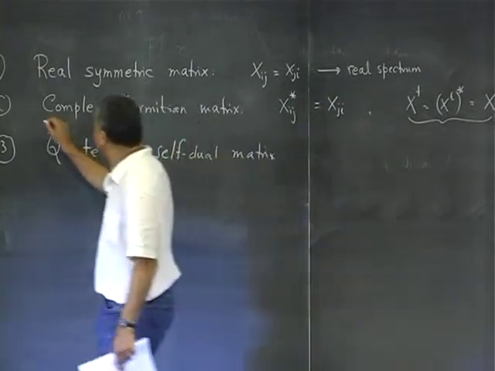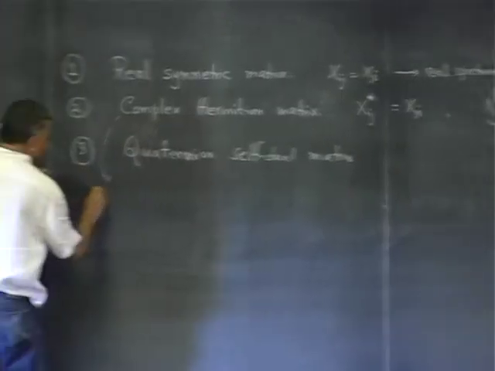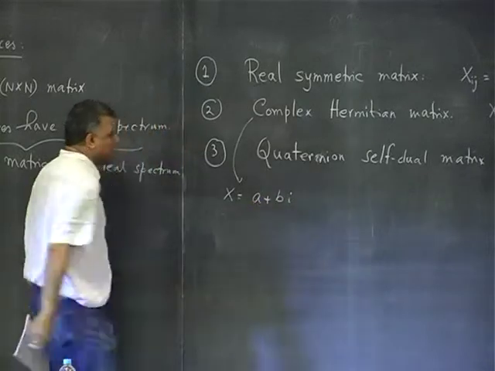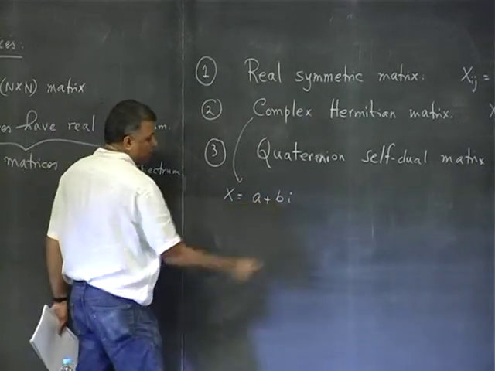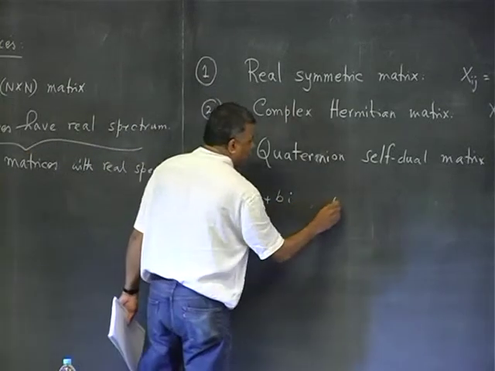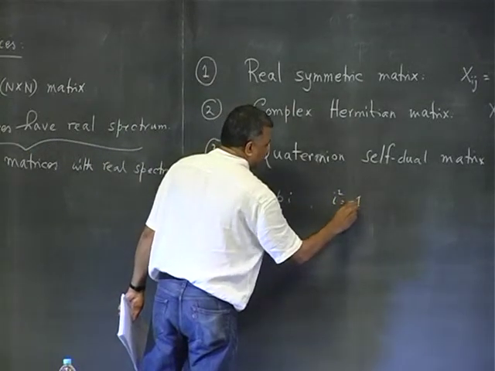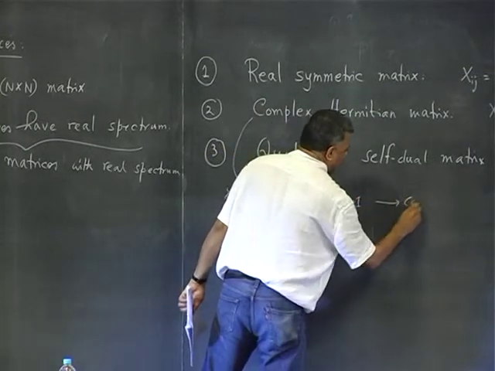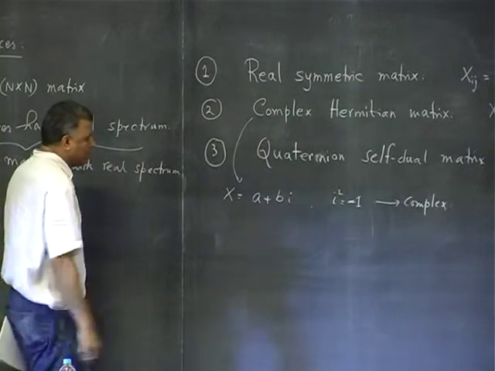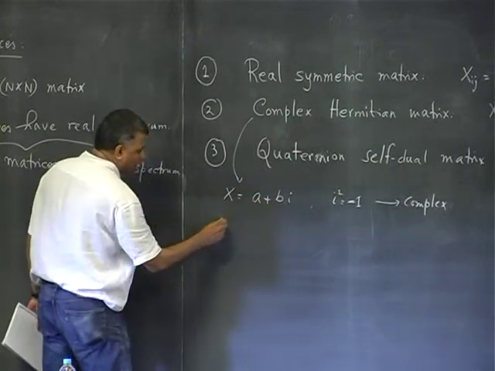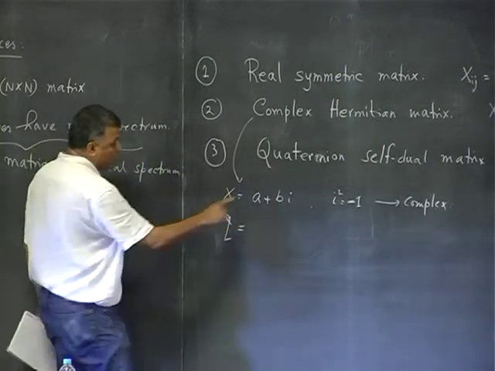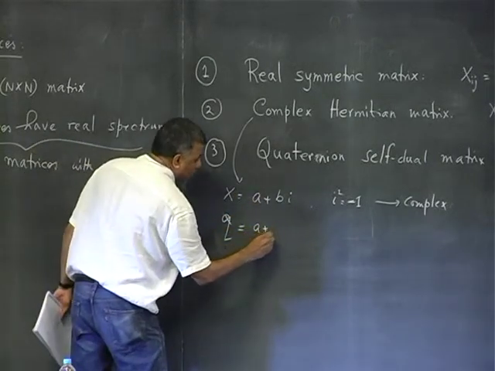Any complex number you write as a plus bi, where a and b are real, and i is the complex root of -1, so i squared equals -1. Quaternions are numbers which are a generalization of ordinary complex numbers.